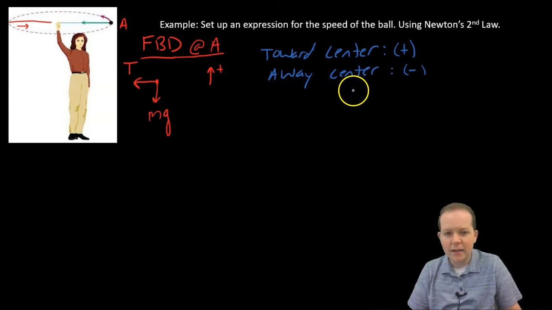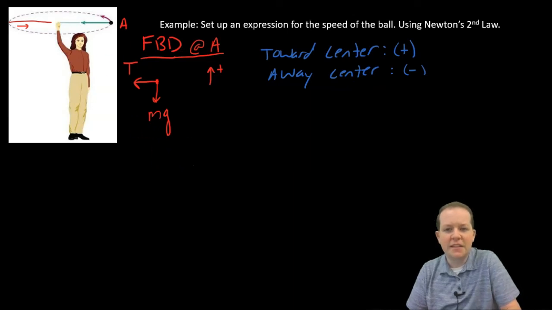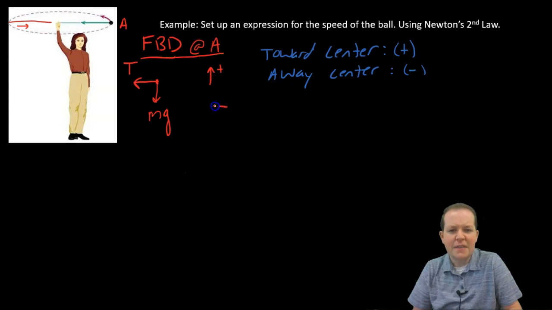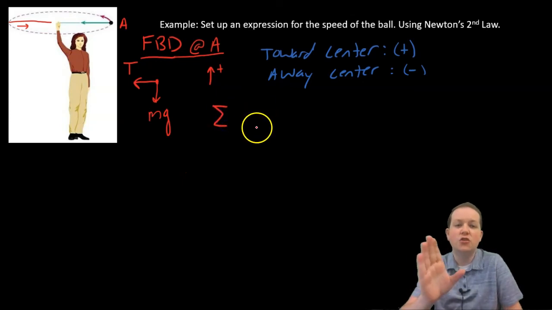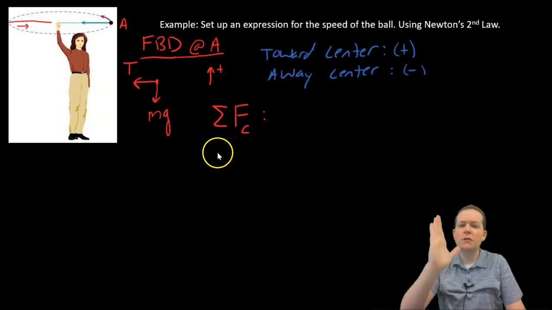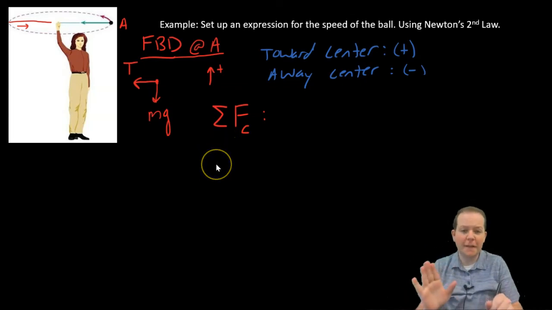All right, well, next, let's try and write out the sum of the forces. I could set up the sum of the forces vertically, but let's just do it in this horizontal, in this centripetal direction. The sum of the forces in the centripetal. Well, what forces are acting towards or away from the center of the circle? Is it the weight? Nope. Just like before, if those vectors are perpendicular, they don't affect one another.